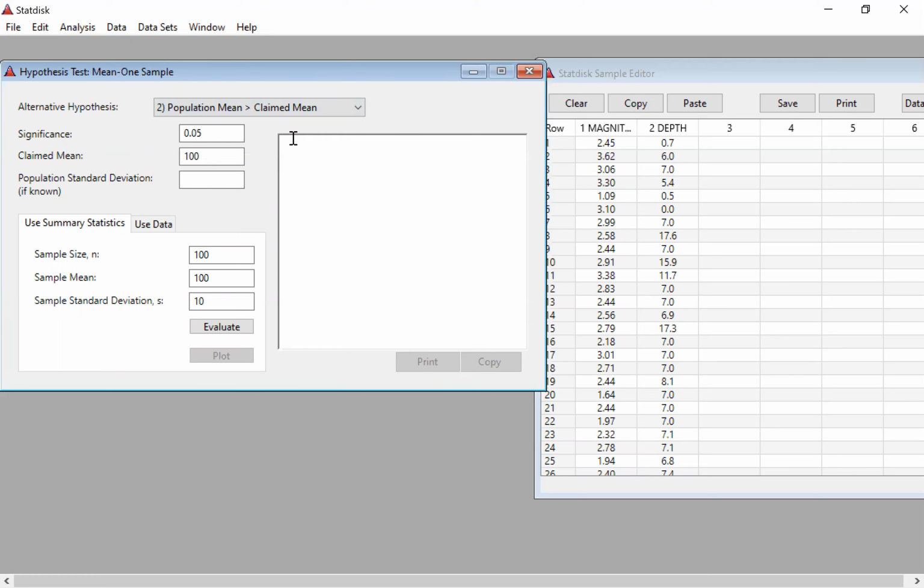So I'm used to asking that as a question. Yes, it's greater than. A little different in this format, isn't it? Yes, it is. Significance is 0.01. Our claim mean is the 2.50.